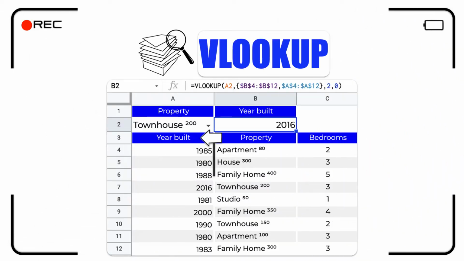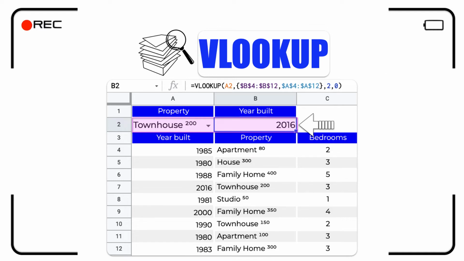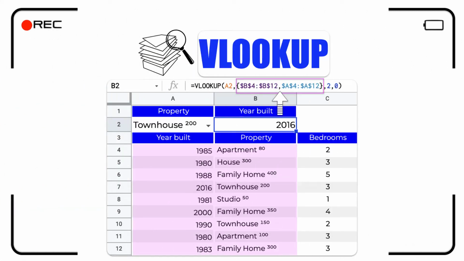Could we return a value located at the left of the first column in the selected range using the VLOOKUP? Yes, we can. For example, our mission is to find the year built of the selected property. To achieve that, we could create a virtual table using the array in which the desired value is in the right column.